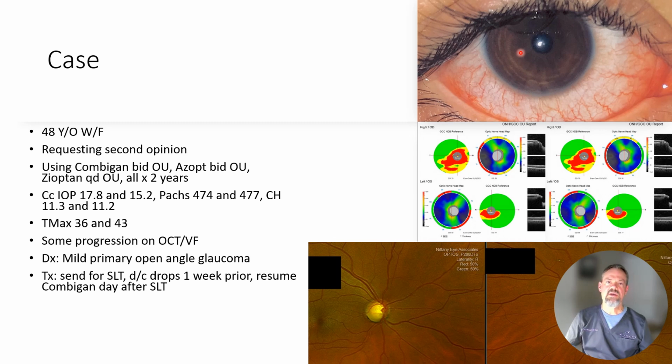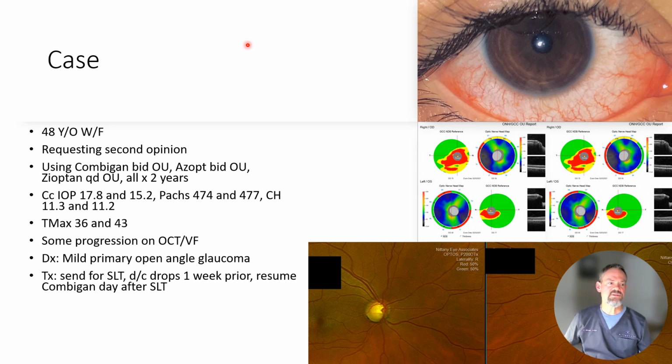In this last case, we have a 48-year-old female who requests a second opinion on her glaucoma status. She's on maximum medications with Combigan BID, Azopt BID, and Xalatan QHS. Her intraocular pressures are in the teens. She has thin pachs, adequate hysteresis. Her Tmax is in the mid-30s and low 40s. And we reviewed the visual fields and OCTs from her prior doctor, and we found some progression compared to the results that we ran that day.